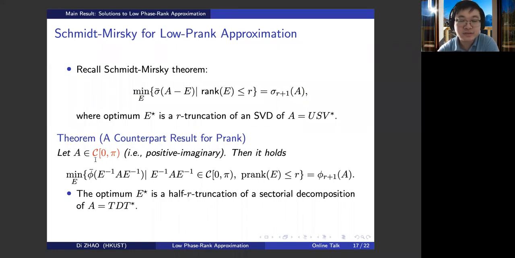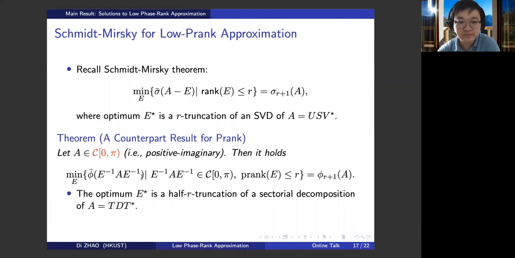For simplicity of expression, we restrict A to be positive imaginary, which means that its phases are all non-negative and in the range from 0 to pi. Then the solution to the low phase rank approximation is given by this.